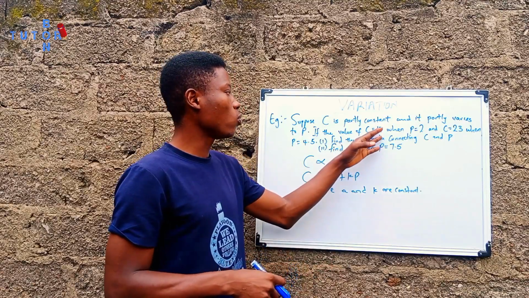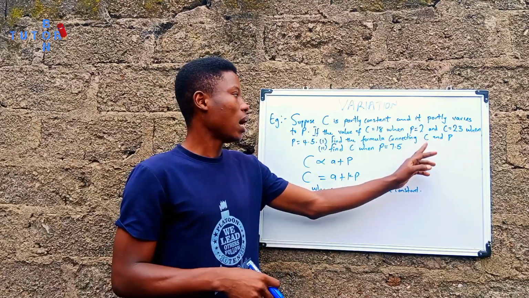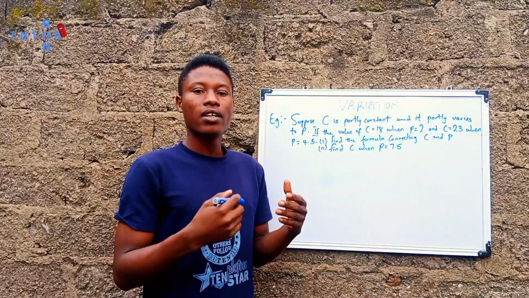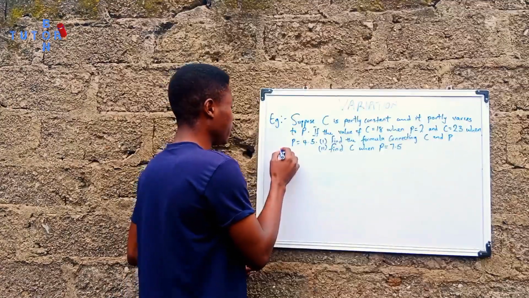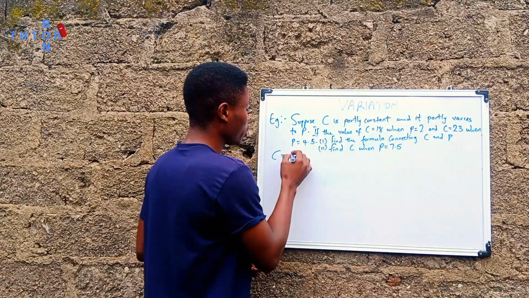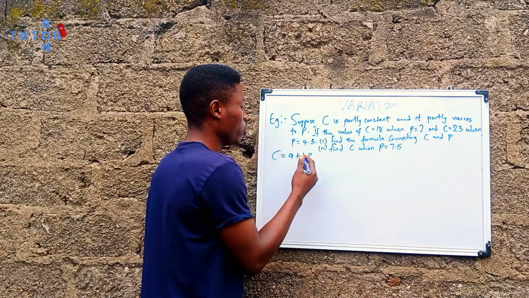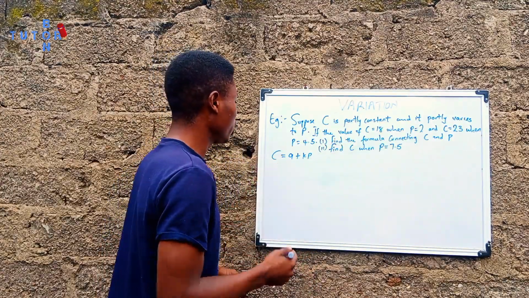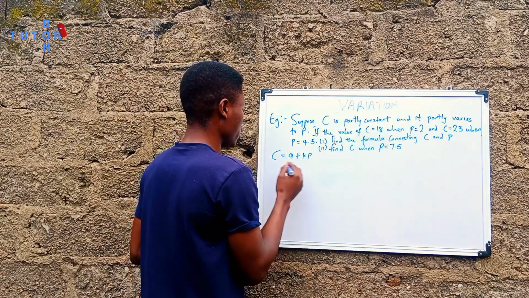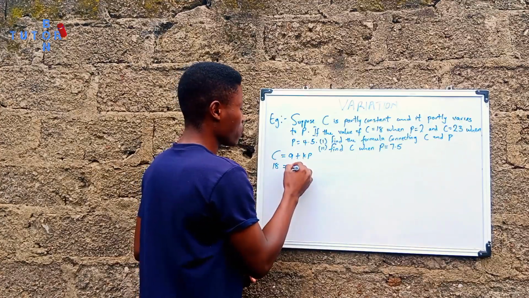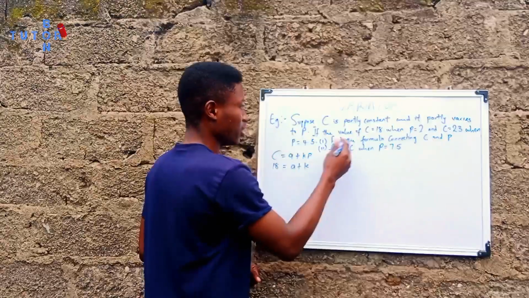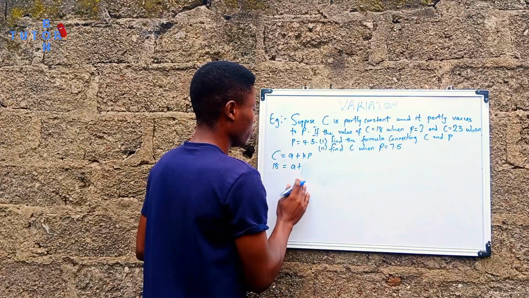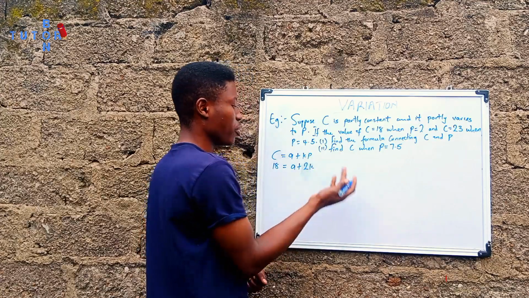From the question, we're given two values for C and P. That is, when C was 18, P was 2, and when C was 23, P was 4.5. Since we know that the equation connecting them is C equals A plus KP, we can substitute all these values into this by saying 18 equals A plus 2K, since P is 2.